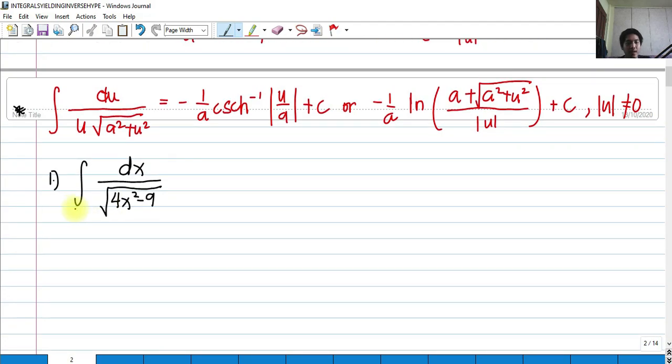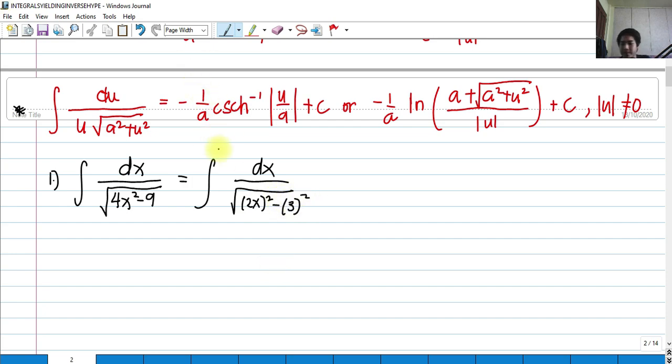So we have the integral of dx all over the square root of 4x squared minus 9. How do we deal with that integral? The very first thing that we're going to do is, we know that this would yield an inverse hyperbolic function, so we can rewrite this as 2x squared minus 3 squared.